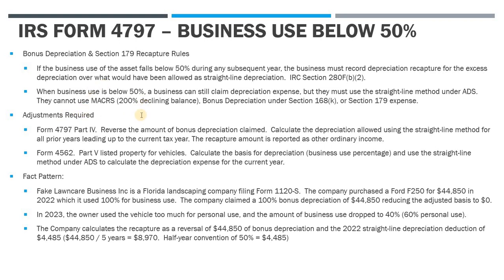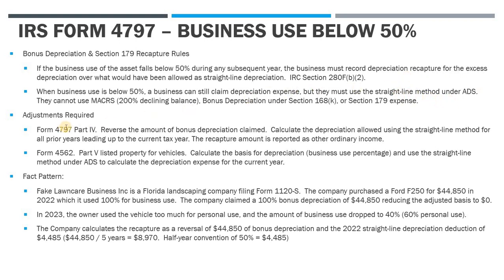So you can't use MACRS, the 200% declining balance method. You can't use bonus depreciation, and you can't take Section 179 expense either. None of these accelerated methods are on the table. You have to use the straight line under ADS.